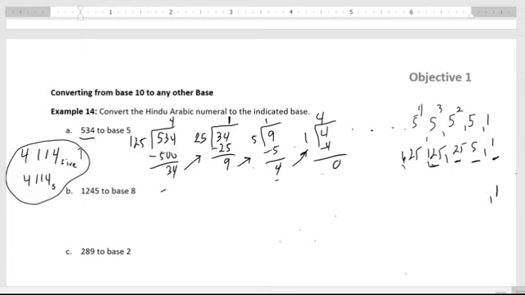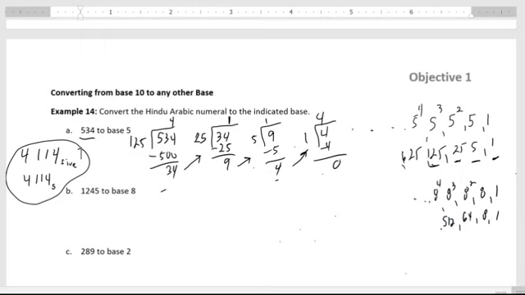So we can start by looking at the place values, and so on. So we get 1, 8, 64. 8 cubed is 512.